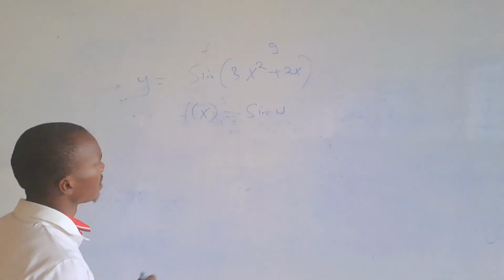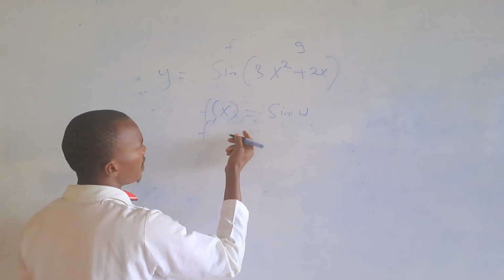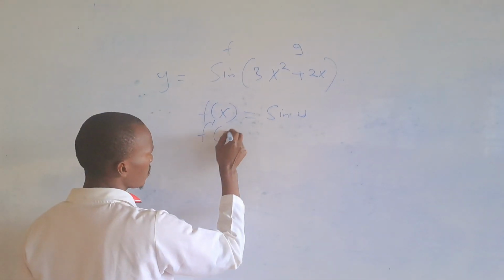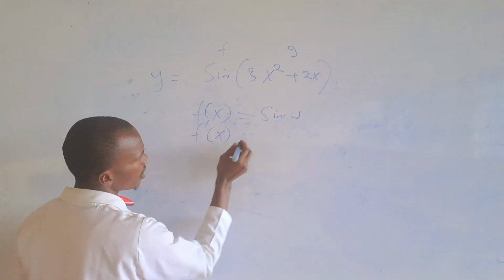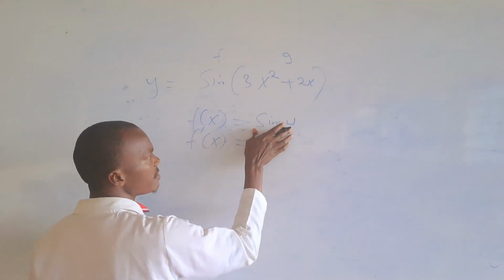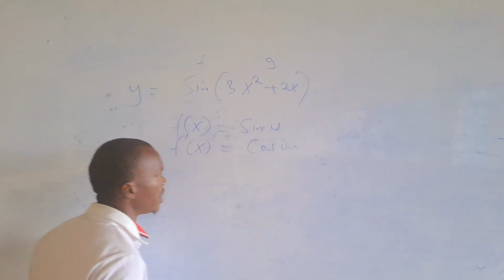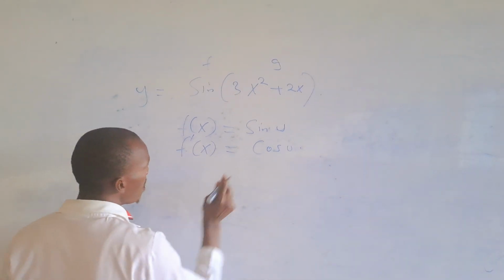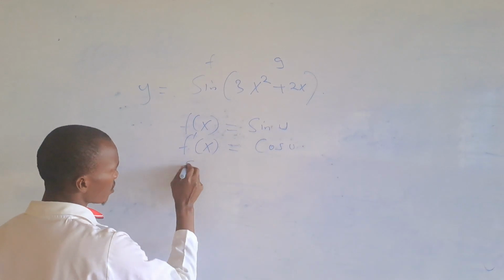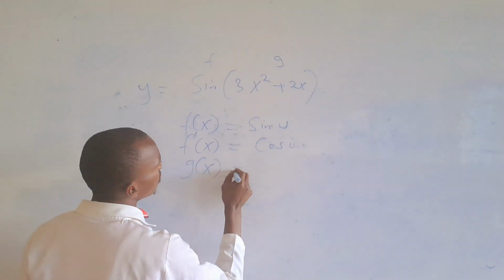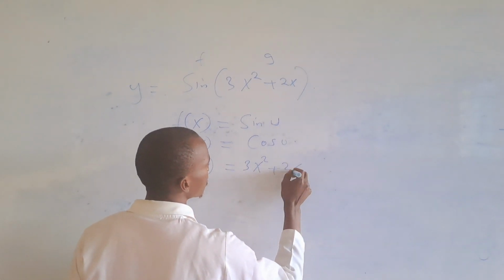Let's say like that. Then f prime of u, that is this one, will be given by the derivative of sine is always cos. So we have cos u. But note that the u is now the g. Then also we have g of x. G of x in this case is 3x squared plus 2x.